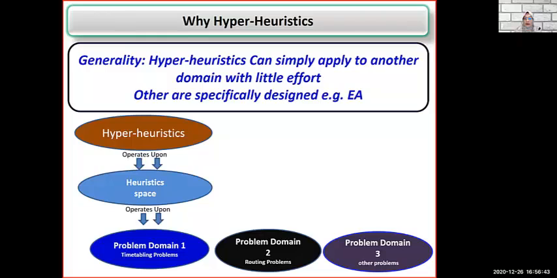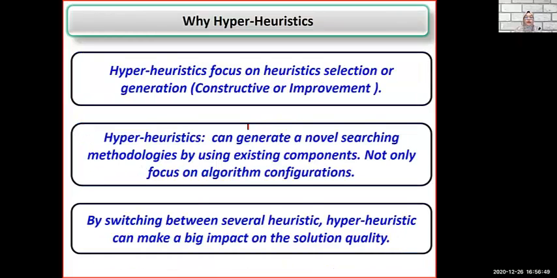This is the domain-specific knowledge. Another reason why we use hyper-heuristic is that it focuses on heuristic selection or generation. This is called constructive or improvement heuristic. Hyper-heuristic can generate a novel searching methodology by using existing components, not only focusing on the algorithm configuration.